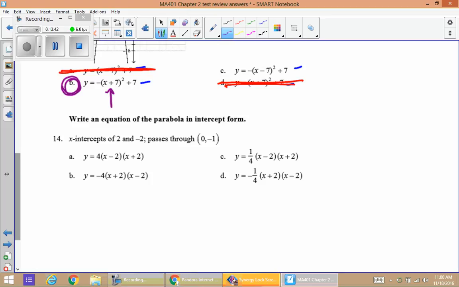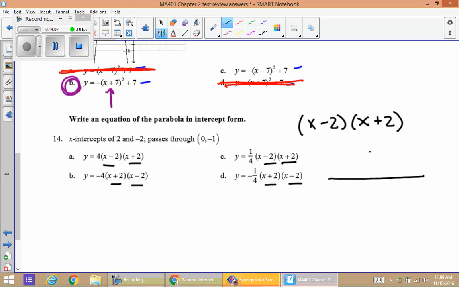Okay, it says I have intercepts like this and I pass through a point. Okay, first of all, intercepts are the opposite of what you see. So here's your intercepts. Unfortunately, it looks like those all have that. They all have that. Okay, so that does not help us.